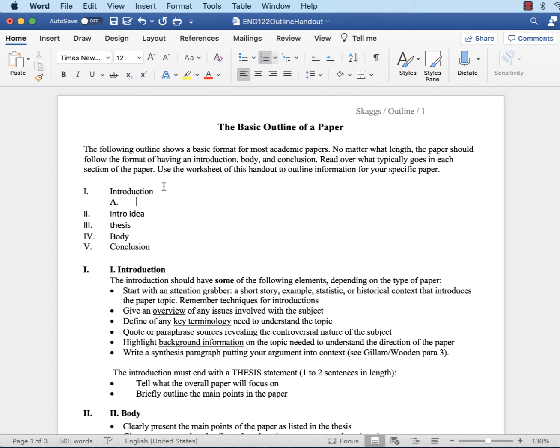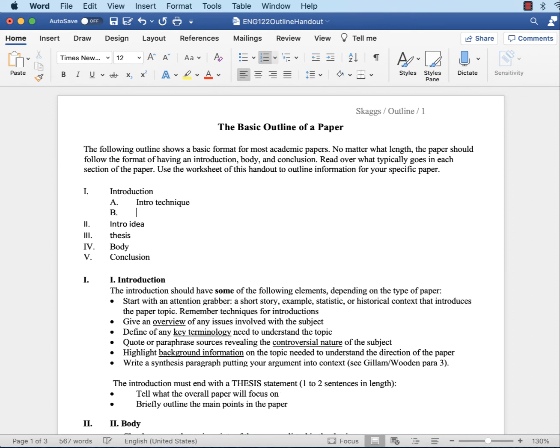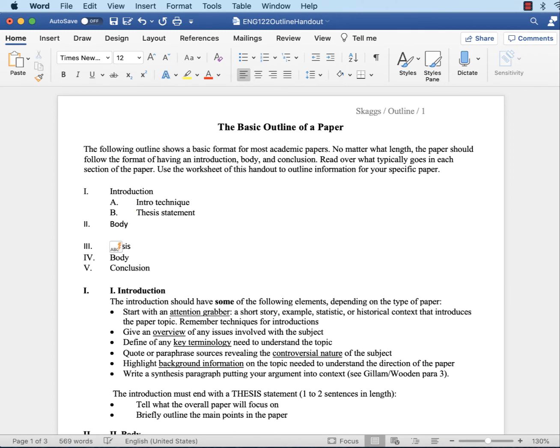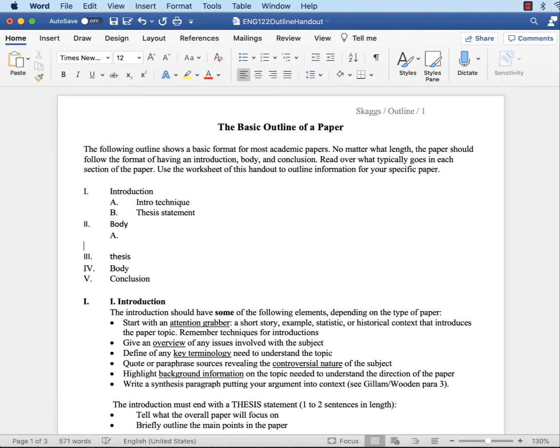Then you can do intro technique and thesis statement. And then the body, you're going to have idea A, oh.